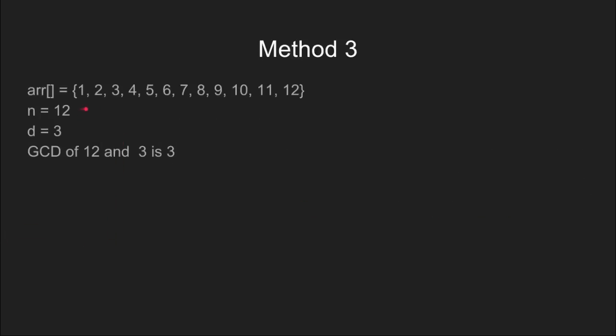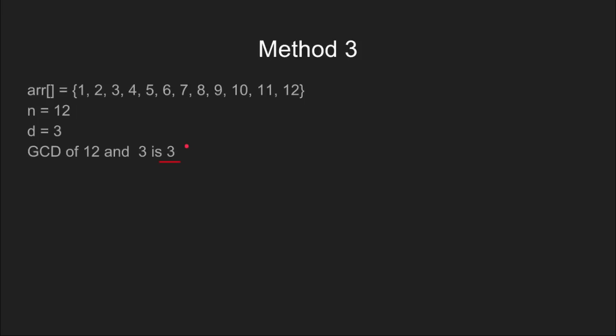Let us try to understand this by using an example. Let the input array have 12 elements as shown, and let d be 3. That means we wish to rotate this array by 3. So n is 12 and d is 3. The greatest common divisor of 12 and 3 is 3.